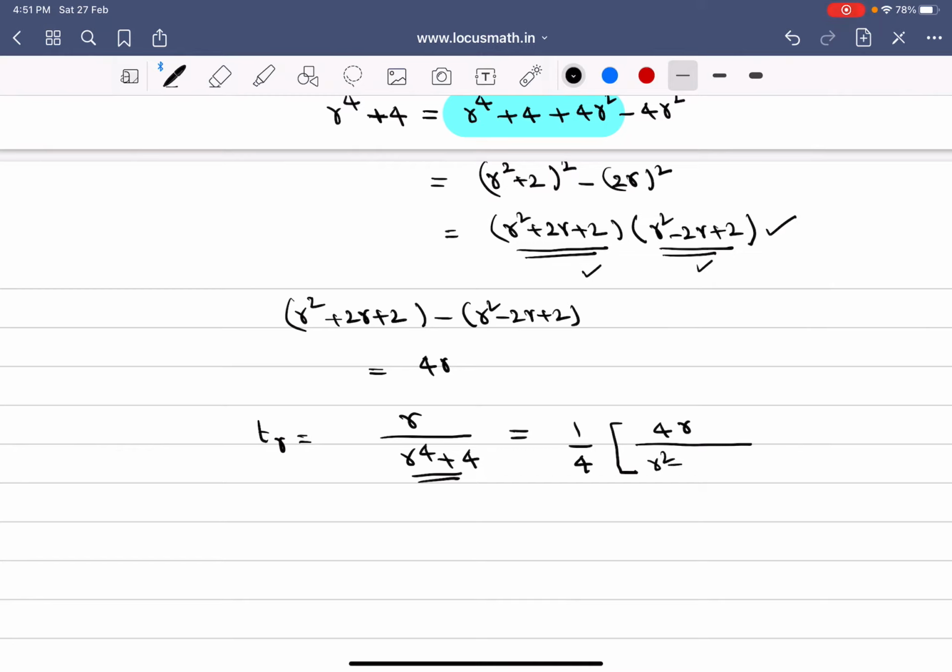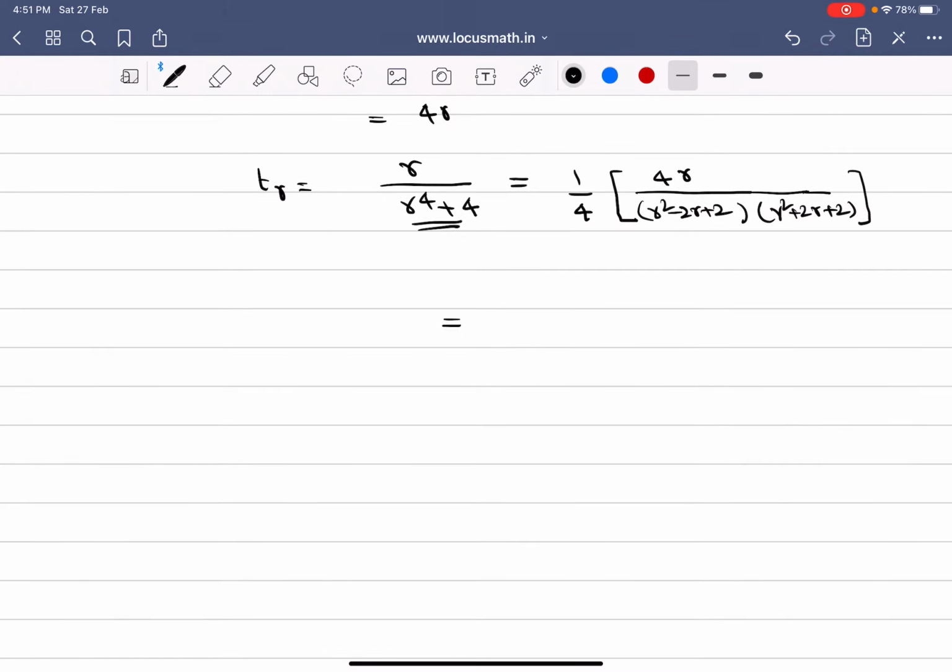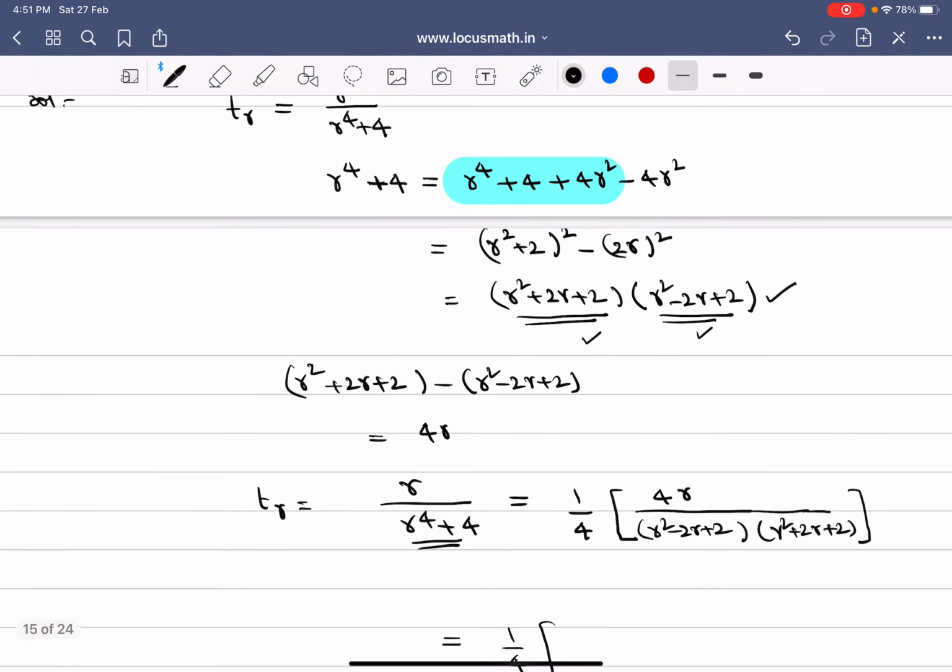Now this 4r is the same as the difference of these two terms.